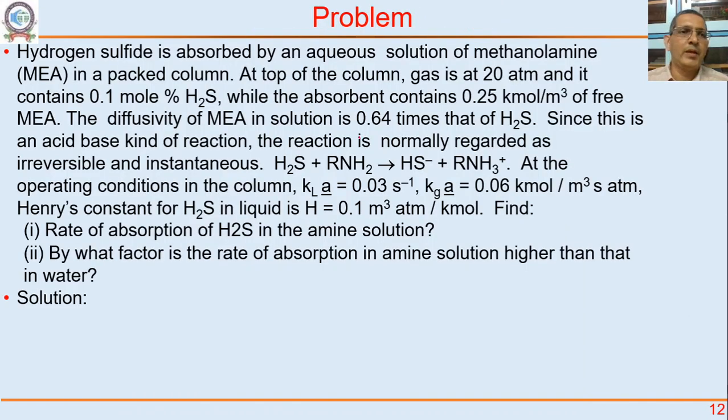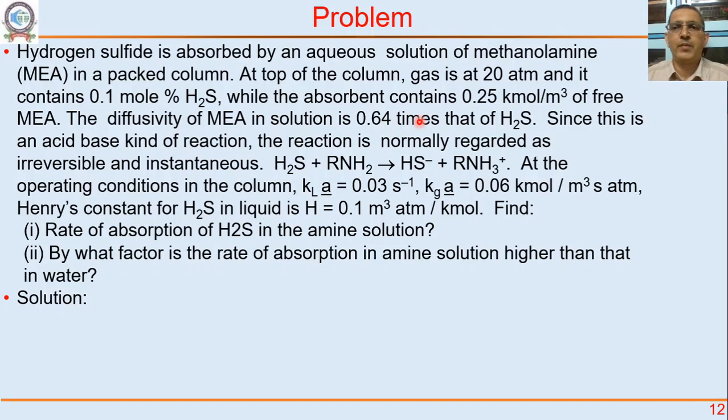Let's go forward. Let's say H2S is absorbed by an aqueous solution of methanolamine in a packed column. At the top of the column, gas is at 20 atmosphere and contains 0.1 mole percent H2S, while the absorbent contains 0.25 kilomoles per meter cube of free amine. Diffusivity of the amine is 0.64 times that of H2S.